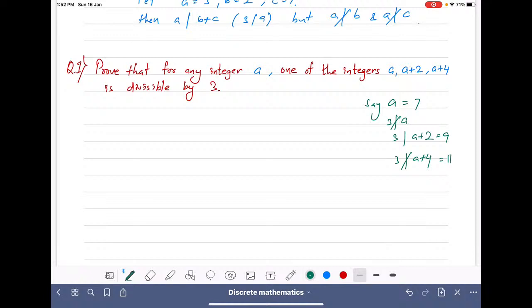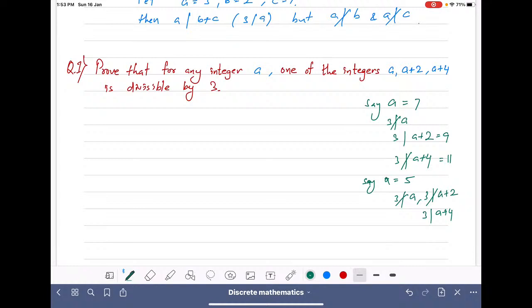Taking another number, say a equal to 5, then 3 does not divide a, 3 does not divide a plus 2, which is 7, but 3 divides a plus 4, which is 9. And this is true for any integer.